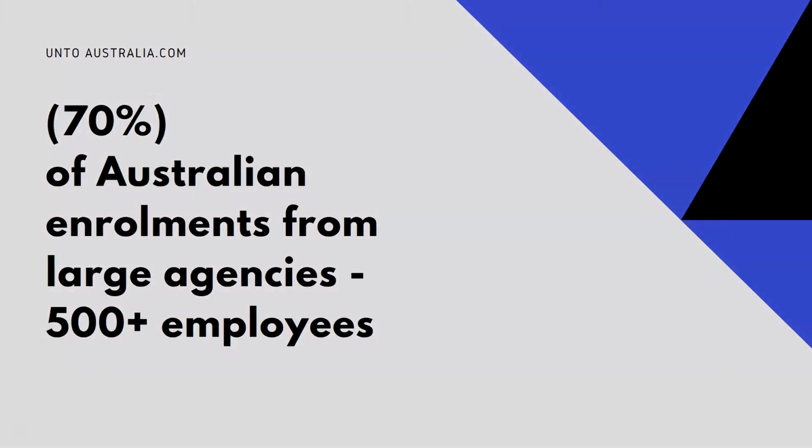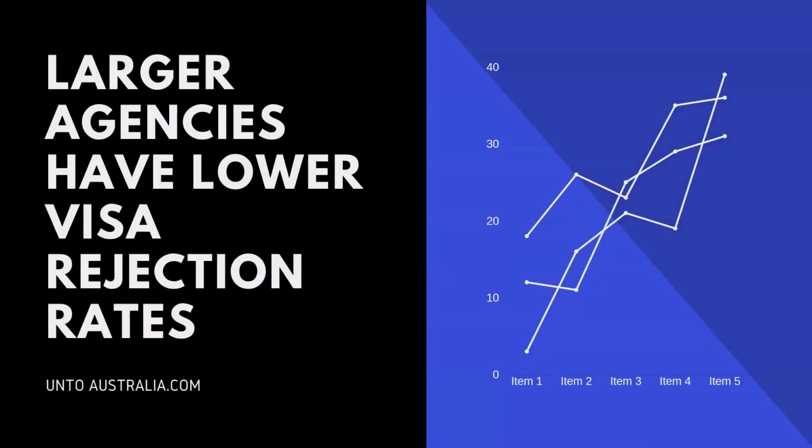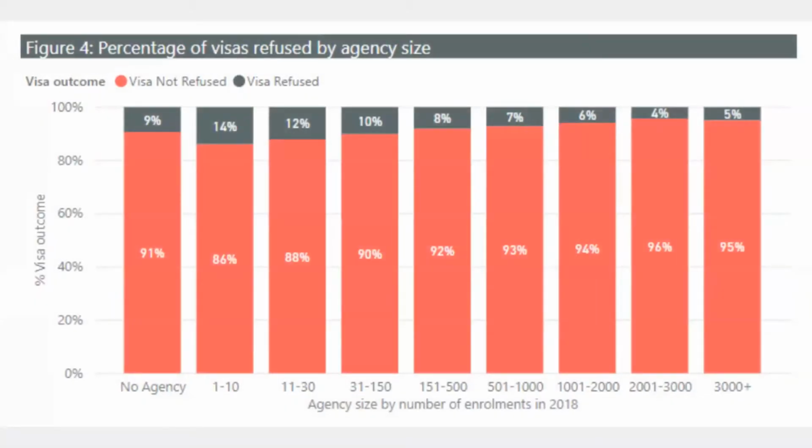And the statistics say that the larger agencies have lower visa rejection rates. You can see here on the far left, for people that didn't use an agency, there was a 9% rejection rate, as opposed to on the far right, people that used a large agency, where there was only a 5% rejection rate.